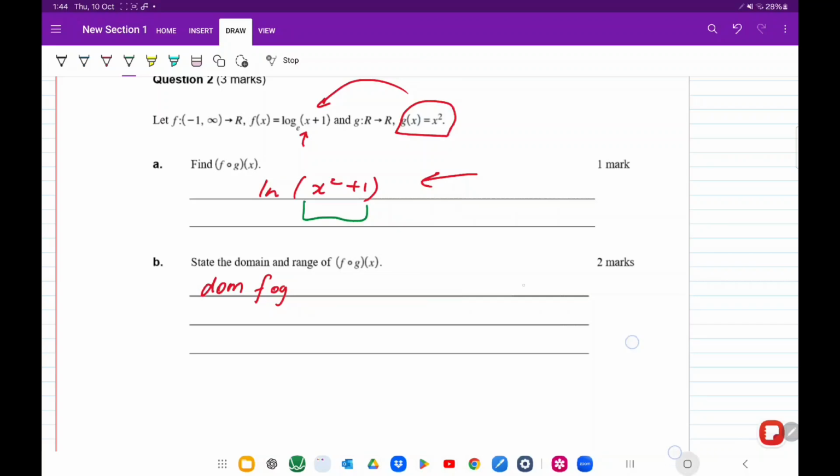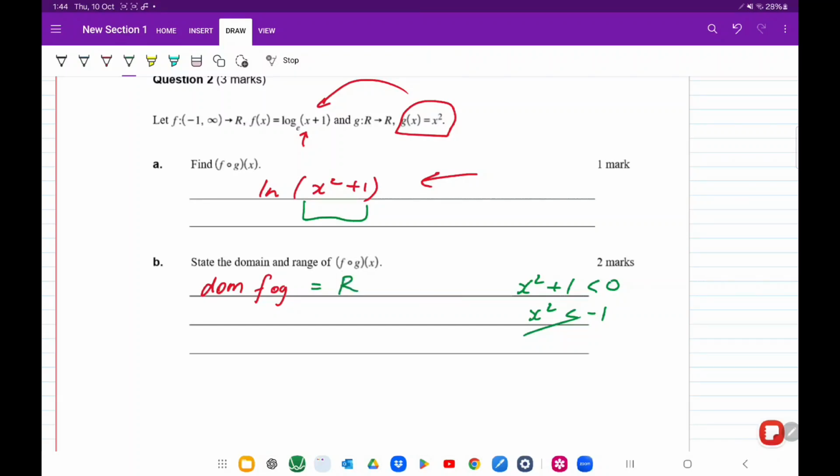When will x squared plus 1 be negative? So x squared is less than negative 1. In this case, there won't be an instance where this particular log is undefined. So in fact, the domain for this particular function is all real numbers.